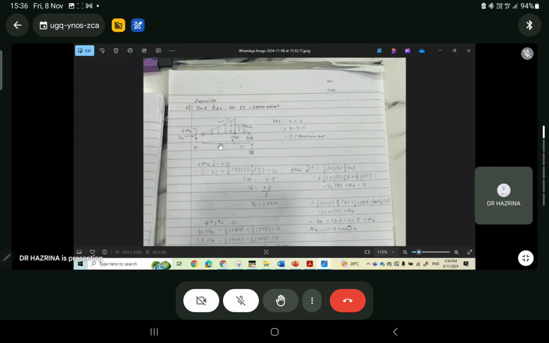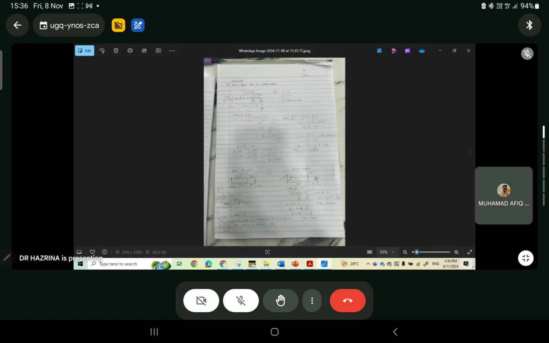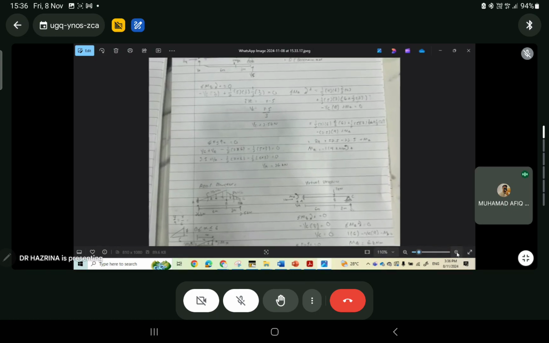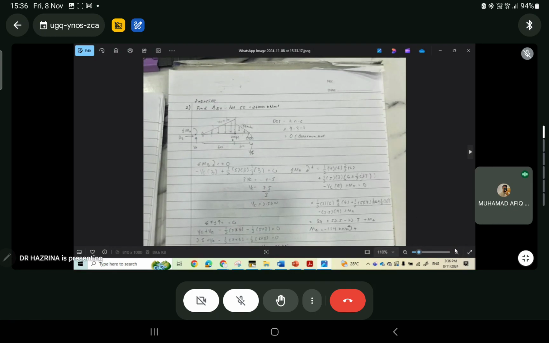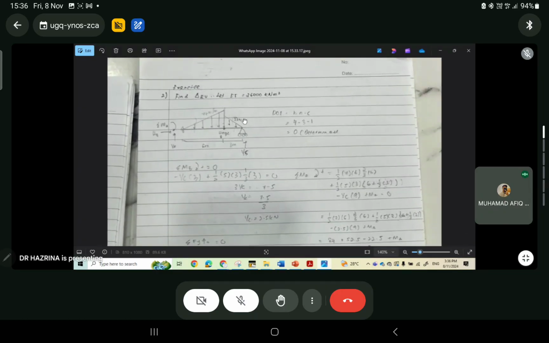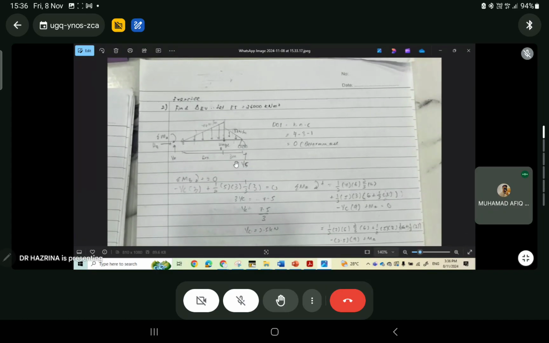What is it? Come on, Afiq. Force? First Afiq found the moment at B and the moment at A. And then Afiq found the force for VA, the force at VA, because the moment that Afiq got was zero.